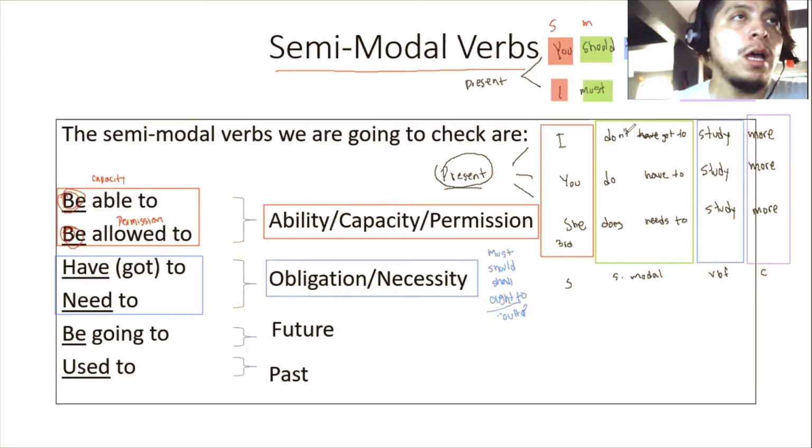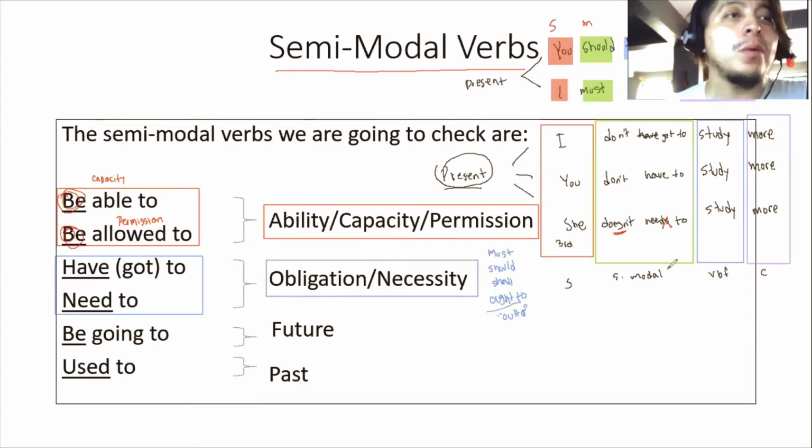So you say, I don't, you don't, and she doesn't. In this case right here, we have the auxiliary does. So the verb doesn't need to have an S. You don't need to repeat the S. She doesn't need to study more. You don't have to study more. You don't have got to study more. This is the way it works.